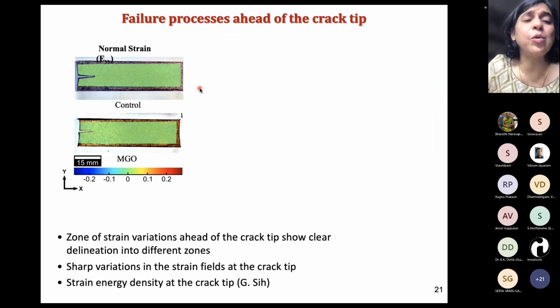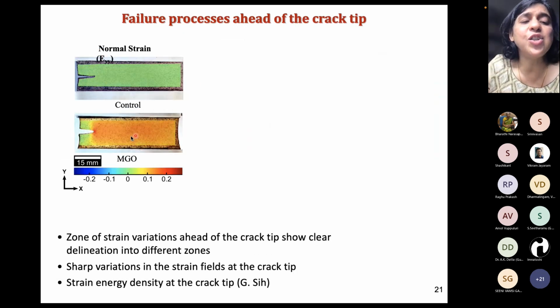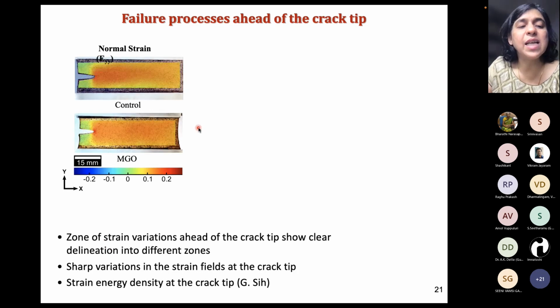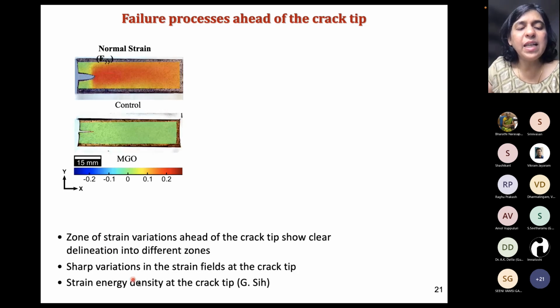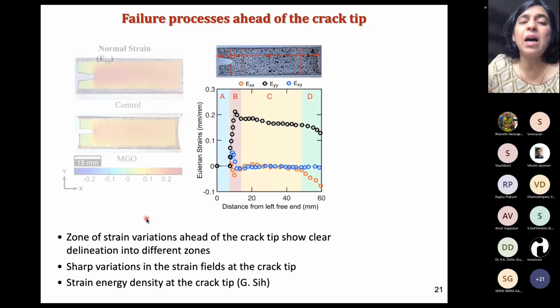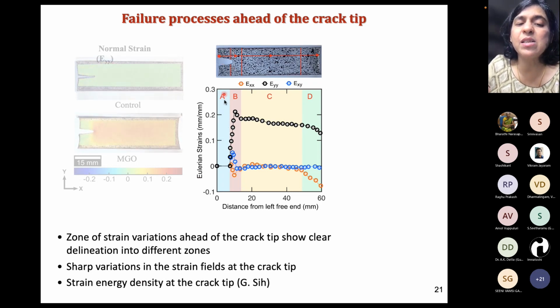So here's a video which shows how the normal strains EYY are changing in both the control and MGO hydrogels. And what you start seeing is that there are various zones of strains that develop ahead of the crack tip as the crack tears inside the sample. We see these sharp variations. So this was our sample, and along this line where we plotted the Eulerian strains, we see that just before the crack tip is this zone A, where there is not much happening.